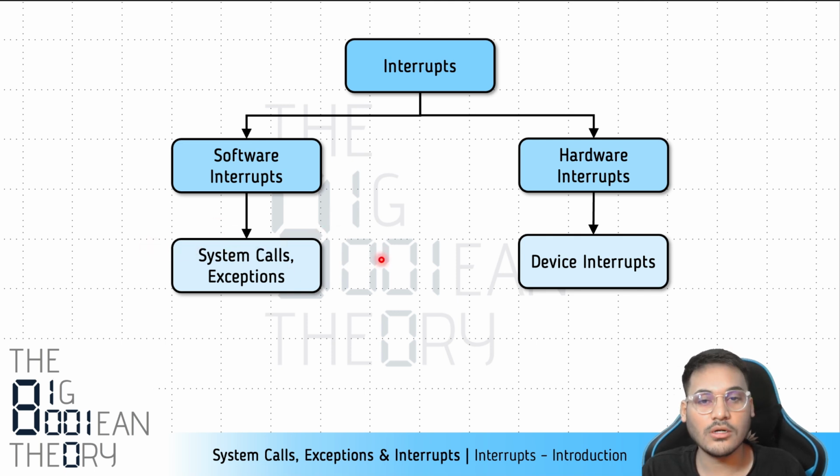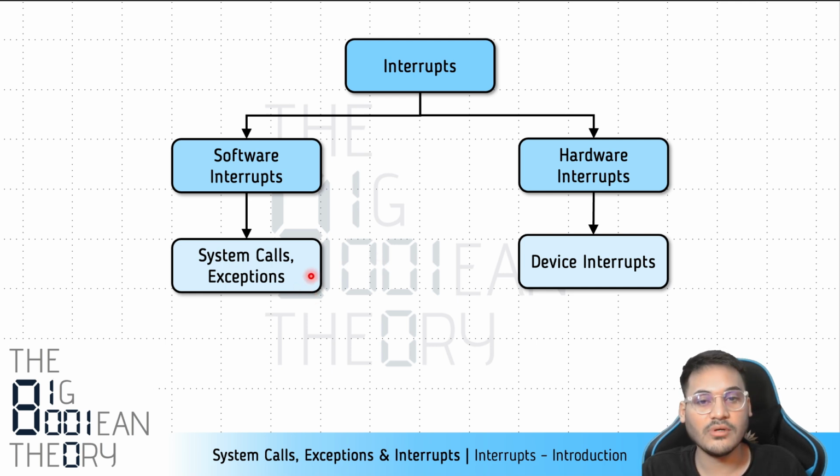We have already talked about system calls and exceptions, and we know that in the case of a system call, it is the user process which is requesting the operating system to perform a certain operation on its behalf, right? So a system call arises from the user process, and it is a type of software interrupt.